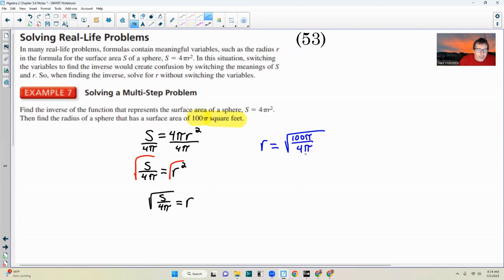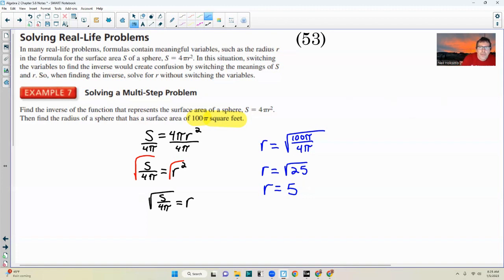Well, the pi divided by pi cancels, and 100 divided by 4 is 25. And the square root of 25 is 5. So the radius is 5 if the surface area of the sphere is 100 pi. Okay, and so that's how you do that problem.